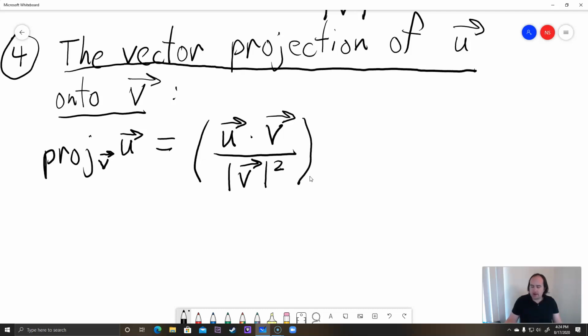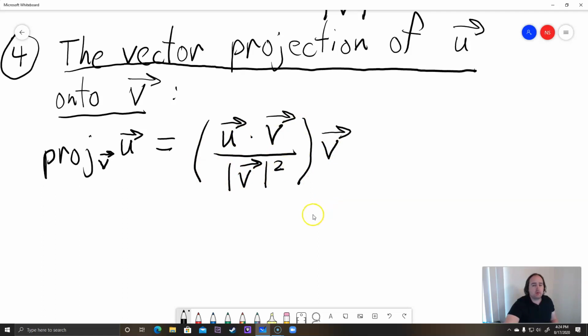And then we end these parentheses, and believe it or not, there's even more here. After all that, we have a v, just the vector itself, out front. So the vector projection of u onto v, written proj v u, equals parentheses u dot v all over the length of v squared, parentheses times v.